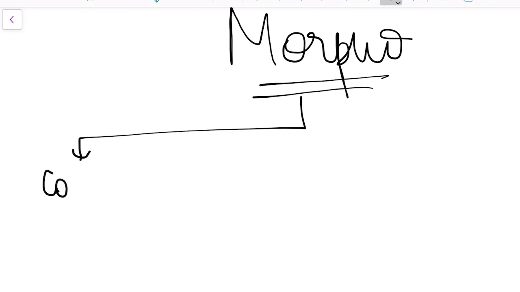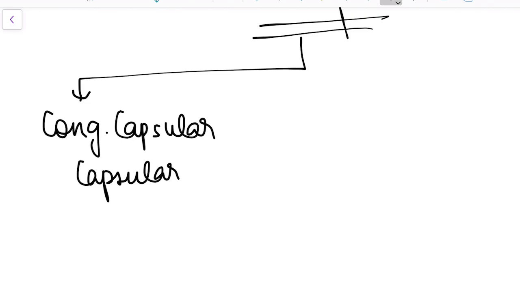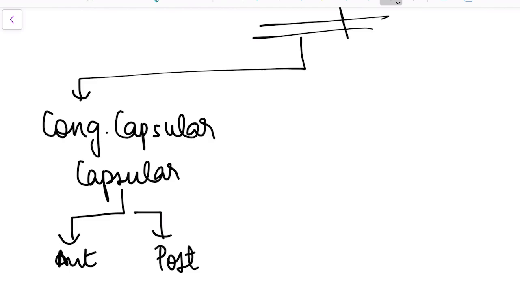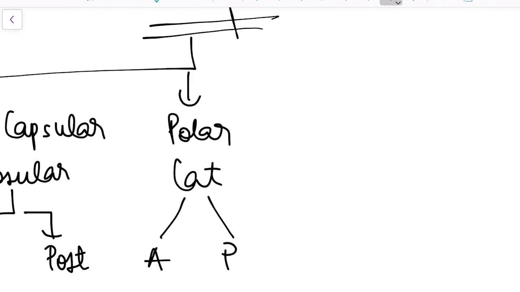It can be congenital capsular. It's just like the normal morphological classification only, it can't change, it's the same. Just examples will come in it, names of cataract, specific cataract names. It can be anterior and posterior. Okay. Second, again polar cataract, that's also anterior or posterior.